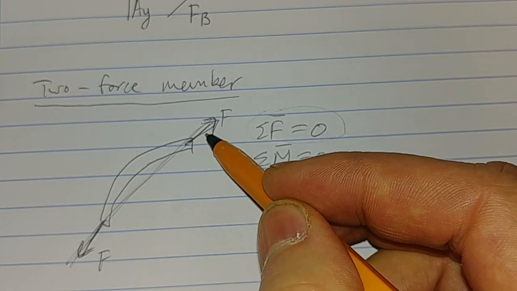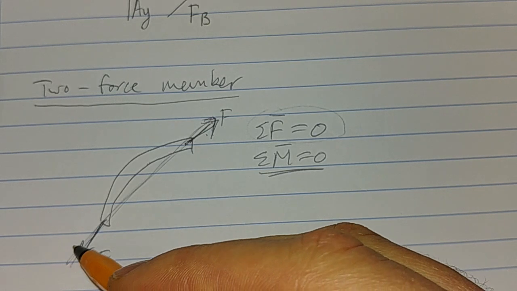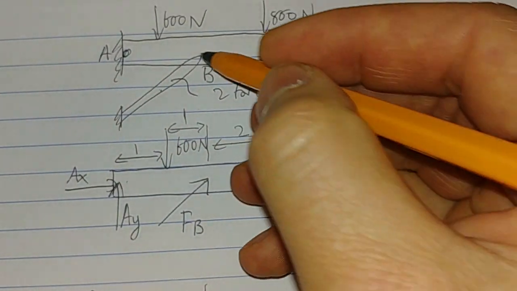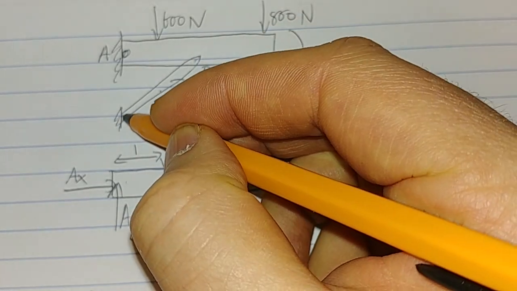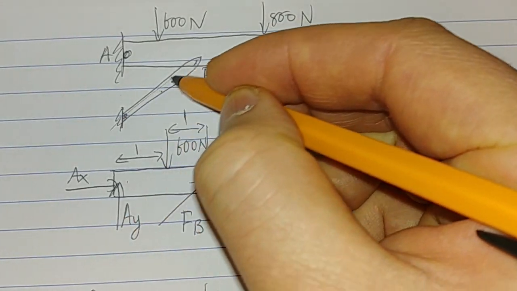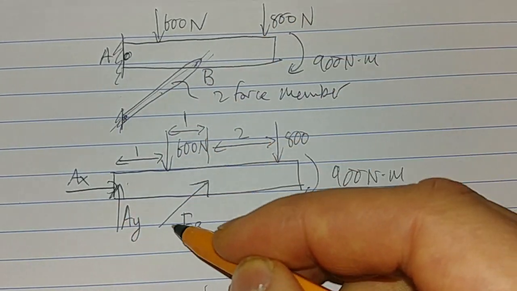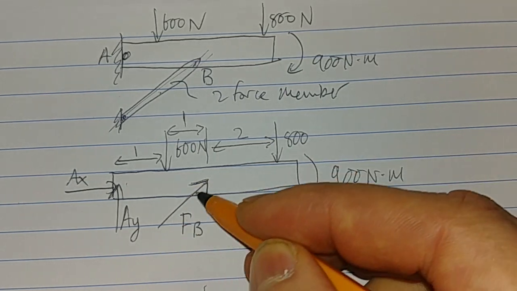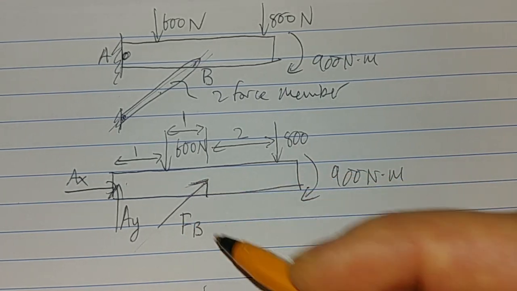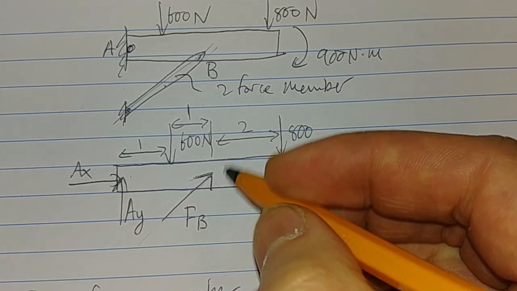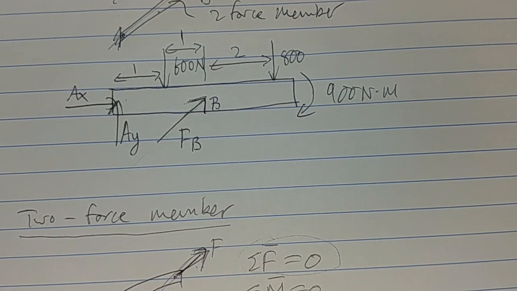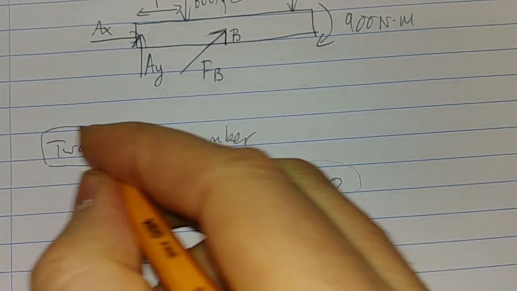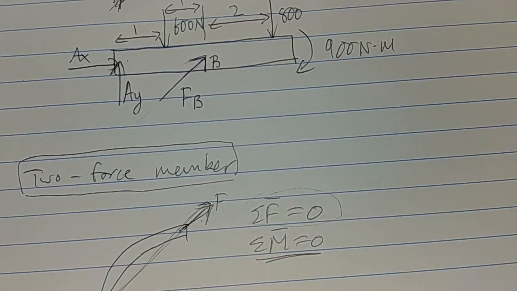The forces must be equal, opposite, and along the same line of action. So the line of action is simply from that point to that point, and that's where the force is acting, at point B. Okay, so that's your 30-second teaching of a two-force member. I think that's good enough.